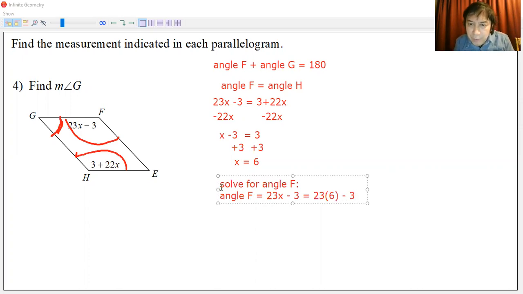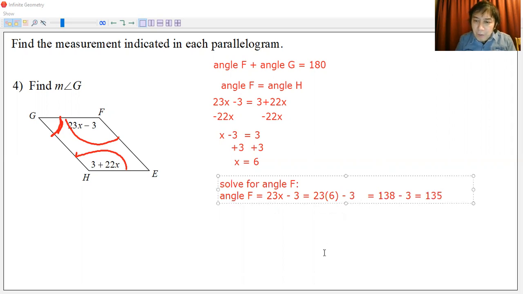That should be about 138 minus 3, which gives us 135.